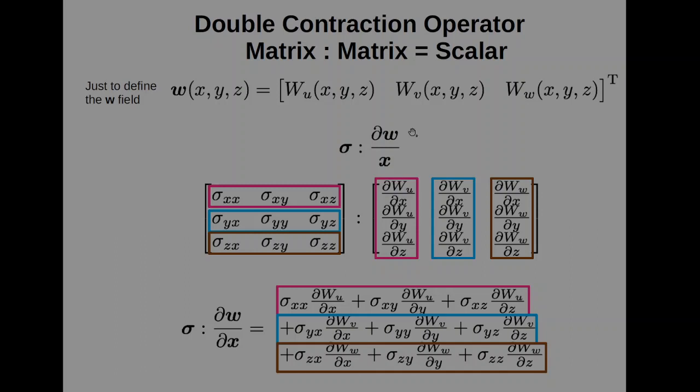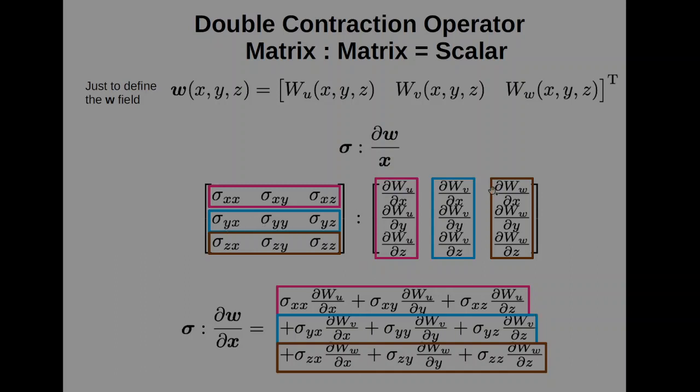Okay. Now what I do is I do this double contraction, and the double contraction is simply the following. It's a scalar quantity that pops out here. So it's not just a single dot product, it's a double dot product. All I'm saying is take this, multiplied with this, this dotted with this. So this multiplied with this, plus this multiplied with this, plus this multiplied with this. This is what I see here.